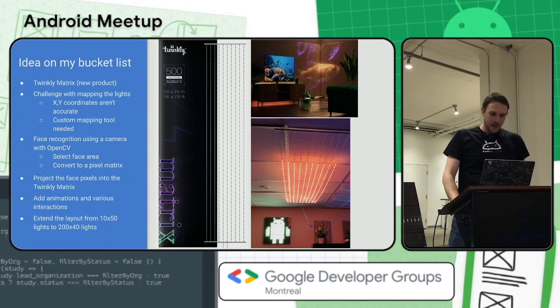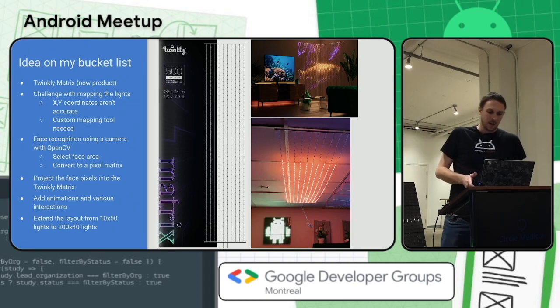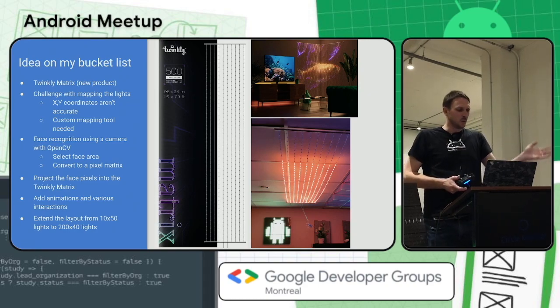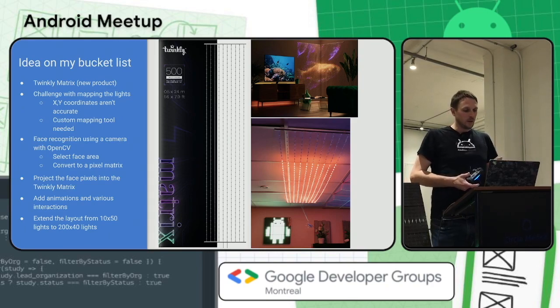And then maybe add some other animations around, maybe other faces as well, do some sort of interactions. And if I'm able to validate that this can work, then it would be the time to invest to extend the layout of that product to a setup of 200 per 10 lights, so a total of 2,000 lights.